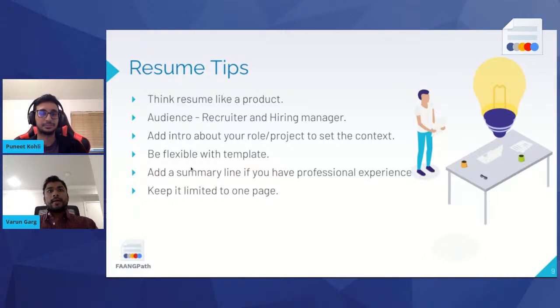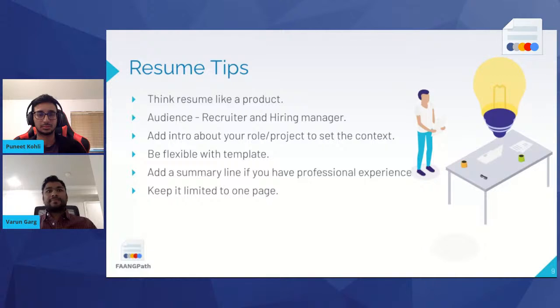And the next one is be flexible with the template. You've got to figure out what information you want the recruiter and hiring manager to look at first, so just have that at the very top. At times people get bogged down that I need to have education details at the very top, or I need to have experience at the very top.